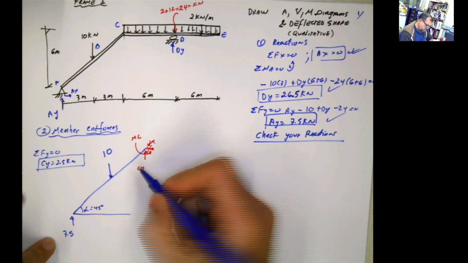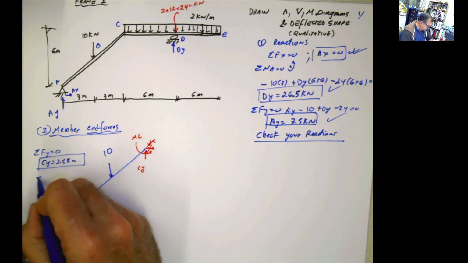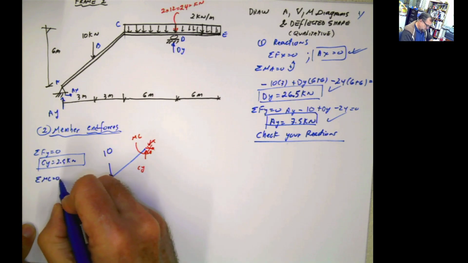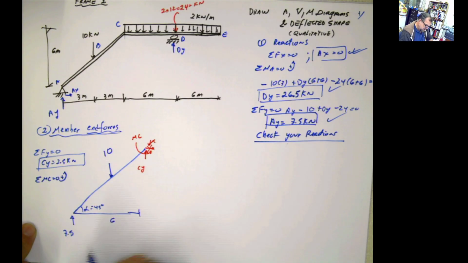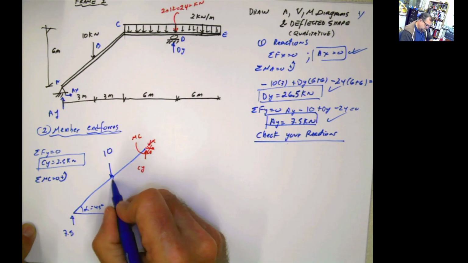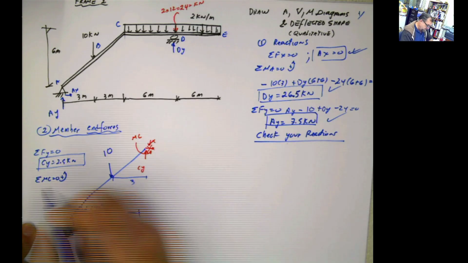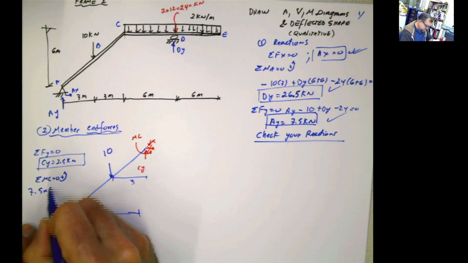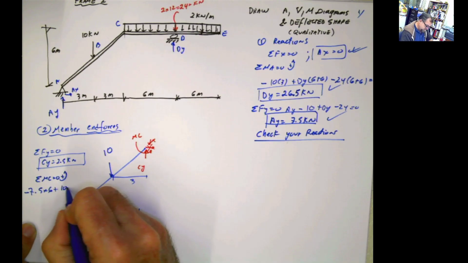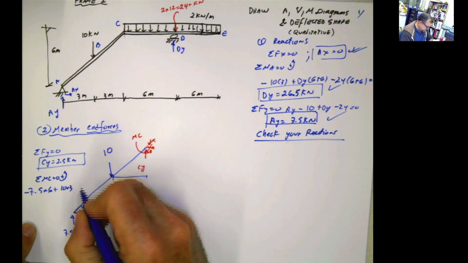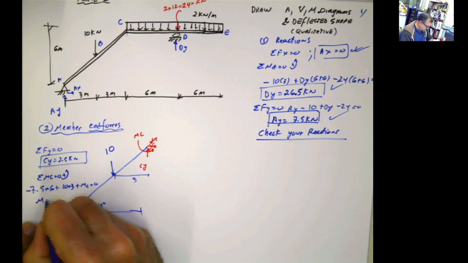And then if I do summation of moments at this point, at C, I have 7.5 times this distance is 6, and the height is also 6, so 7.5 times 6 negative, plus 10 times 3, plus MC equals 0, and MC equals 15.